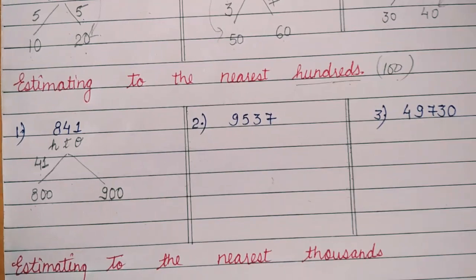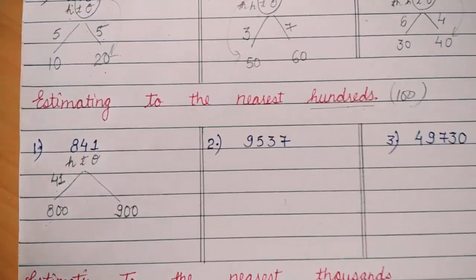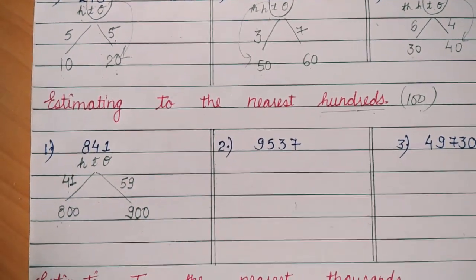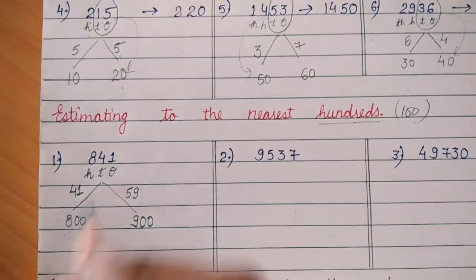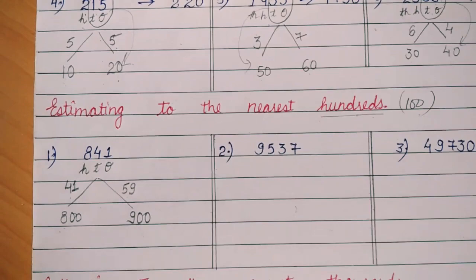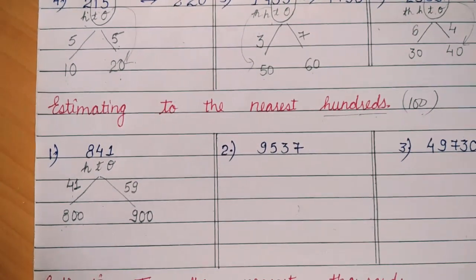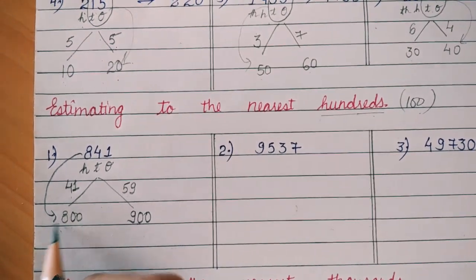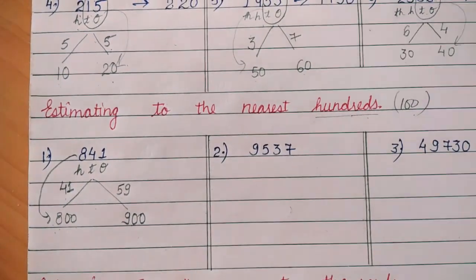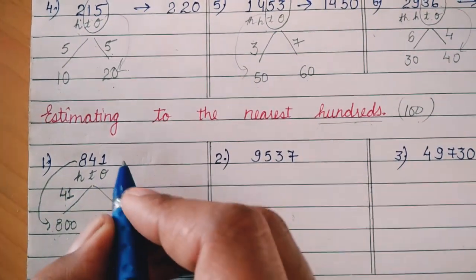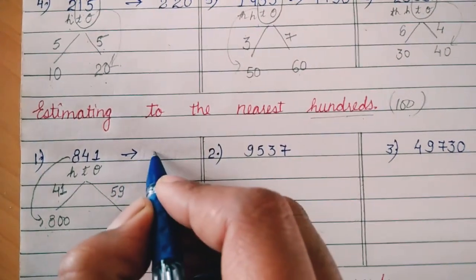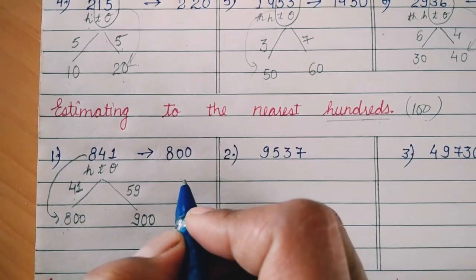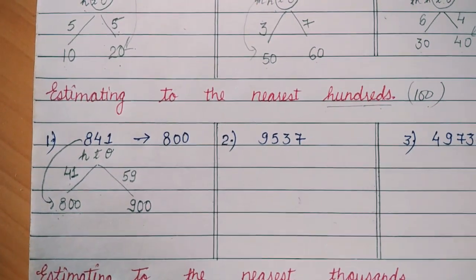And when we are moving from 900, we have to take 59 steps to reach 841. Okay, so where do we have to take fewer steps? Yes, here. In the 800, we have to take fewer steps to reach 841. So our 841 will change into 800 after estimating it to the 100 place.